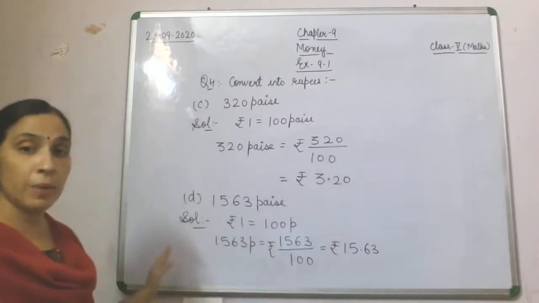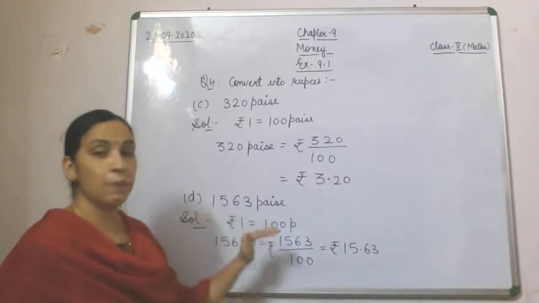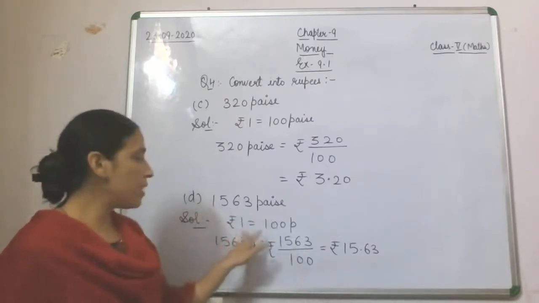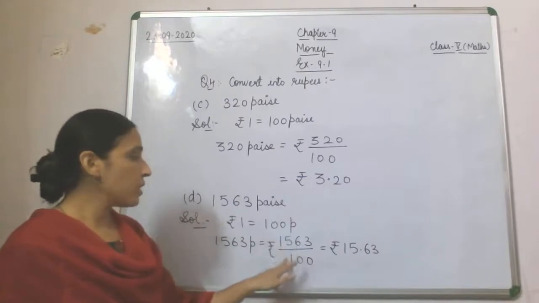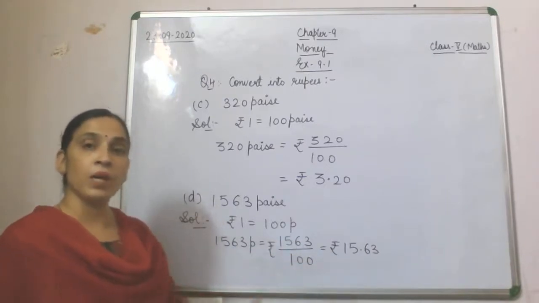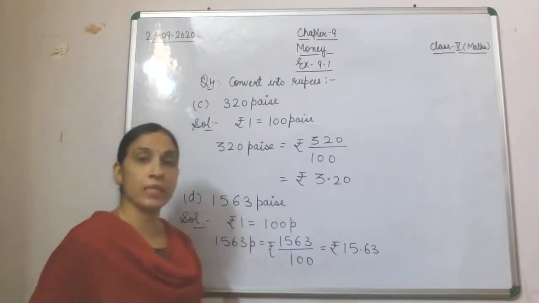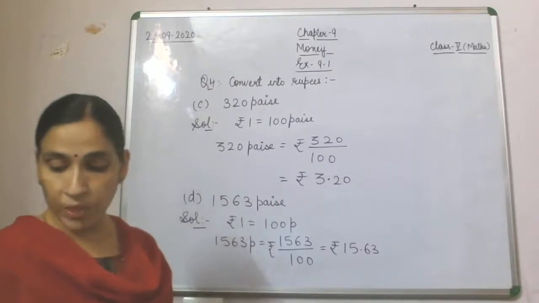Similarly we'll do the D part also: 1563 paise. Here rupee 1 is equal to 100 paise. In the next step, 1563 will be divided by 100. We'll count from the back and then put rupee 15.63.